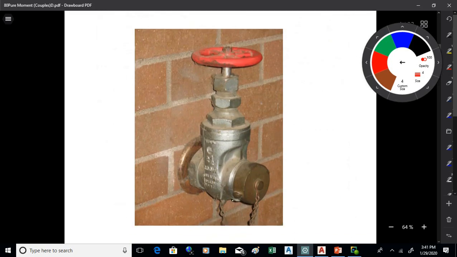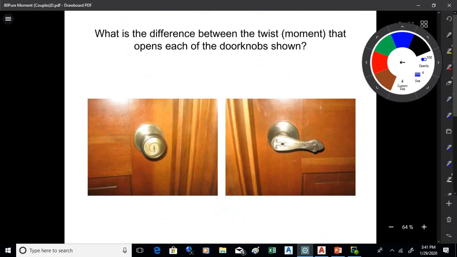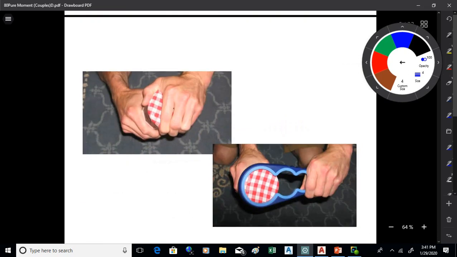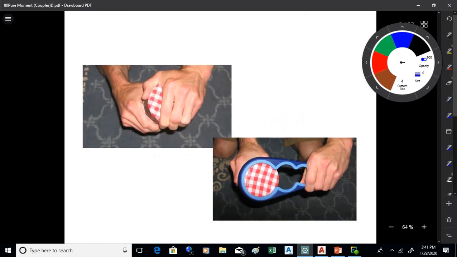All right, so there's lots of places where we see these couples applied. You could twist the handle on the valve, as we were just looking at with the doorknobs. You could push down on the doorknob here, or you can twist the doorknob. They have the same effect as far as the moment goes, though a different effect because this has a force applied. That does not. That's just a twist. Okay, 2 ways to open a jar.